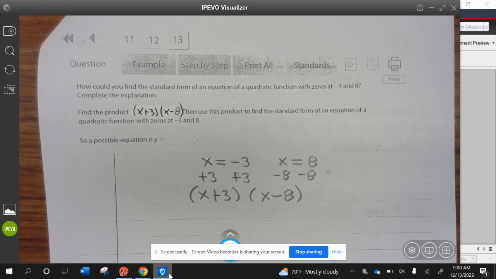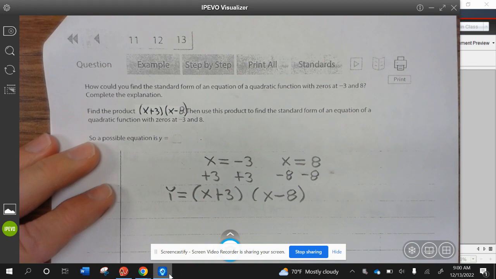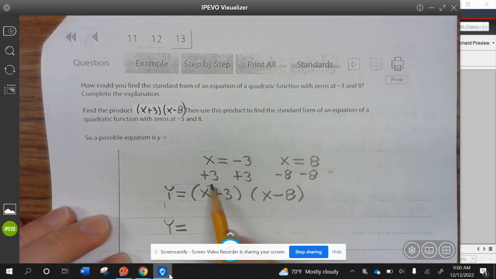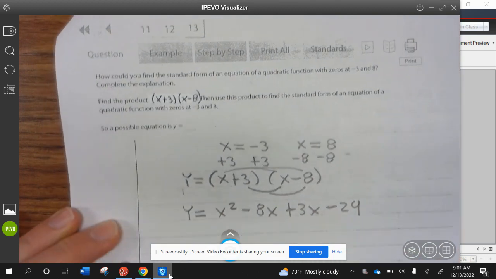Okay, so we're now going to say that this is y equals, and we're going to FOIL. So x times x is x squared. X times negative 8 is negative 8x. 3 times x is plus 3x. And then 3 times negative 8 is minus 24.